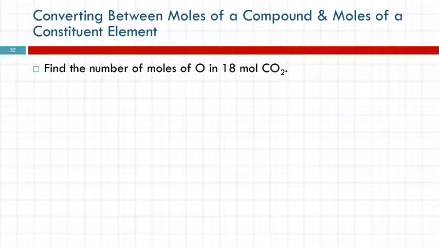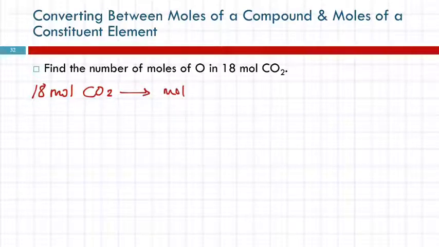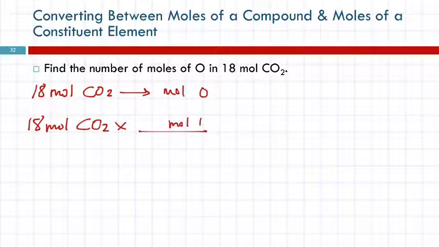Find the number of moles of oxygen in 18 moles of carbon dioxide. So I've got 18 moles of CO2, and I want to find out how many moles of O. So I'm going to have moles of oxygen on top and moles of CO2 on the bottom.